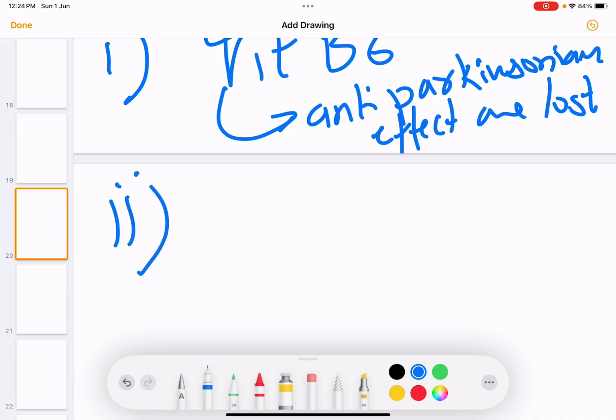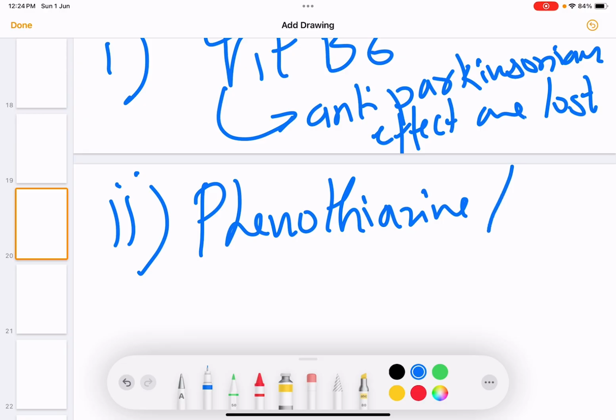Second is if levodopa is combined with phenothiazines or butyrophenones, then the anti-Parkinsonian effect are lost.